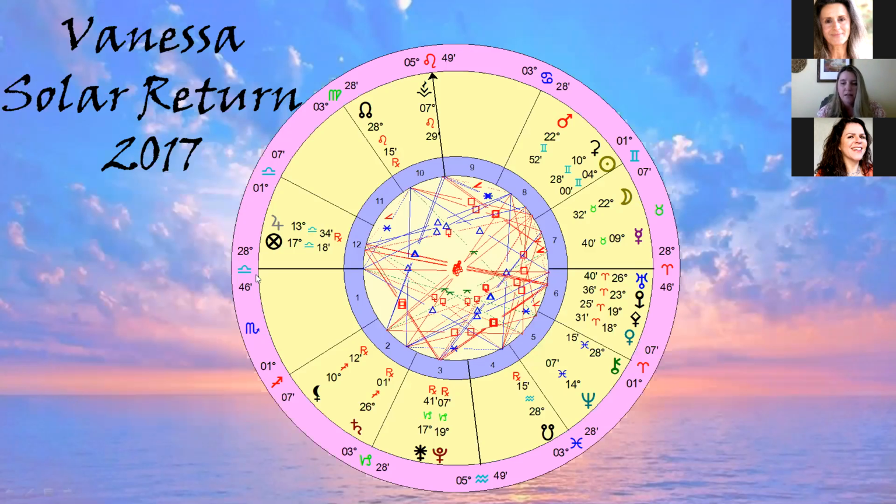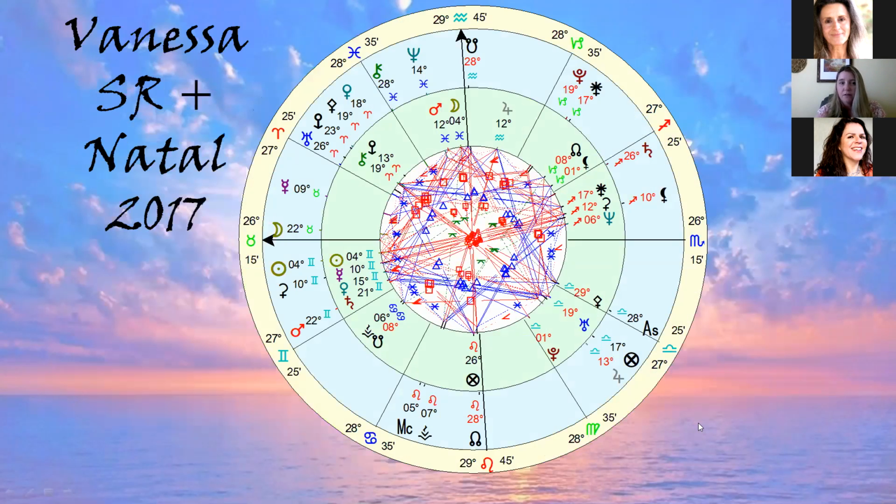So I think my next one shows the connection from the solar return to the natal. And so here we are. You can see the overlay. And this is where I'm going to leave it while we have Vanessa share her experiences of 2017 before her birthday, which was just a couple weeks ago.